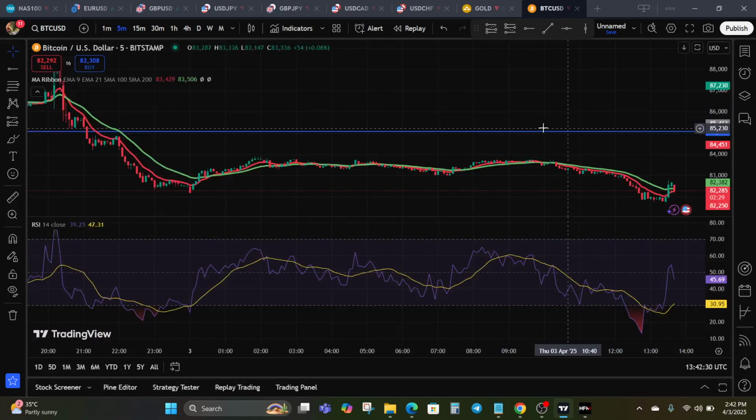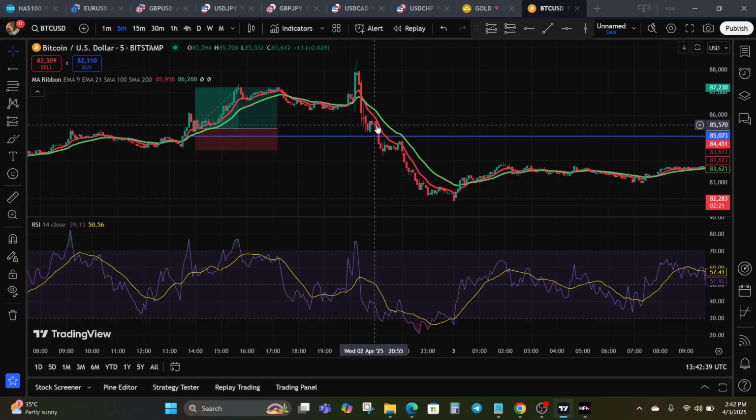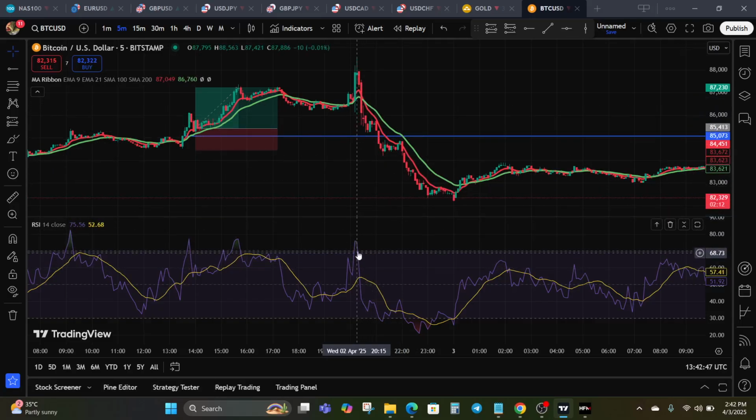Then for a short setup, for a sell setup, price must be below both EMAs, the 9 and the 21, to confirm the downtrend. Then your RSI should be declining from an overbought condition near 70. You must have your RSI dropping from the overbought territory.